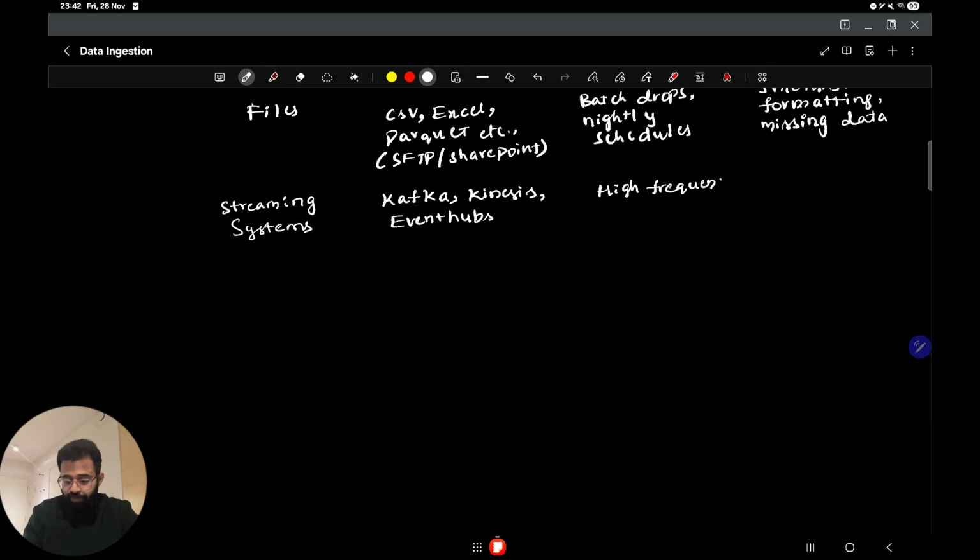They push data at super high frequency, like every second, every minute, every 30 seconds, every 10 seconds, 5 seconds and so on. The other characteristic is that it's continuously flowing data.